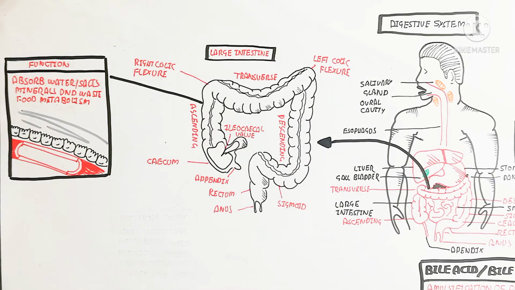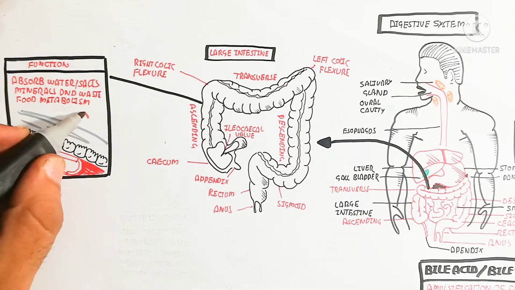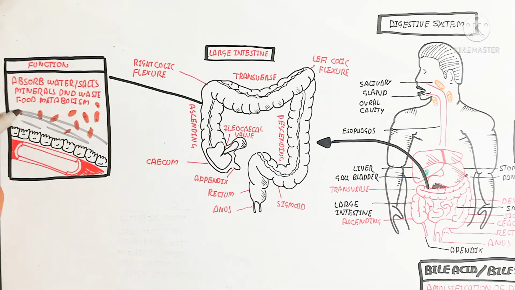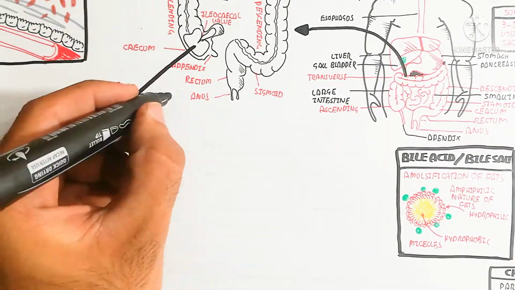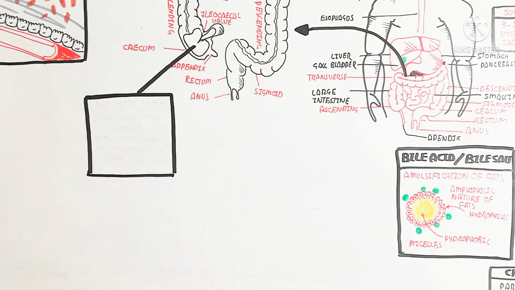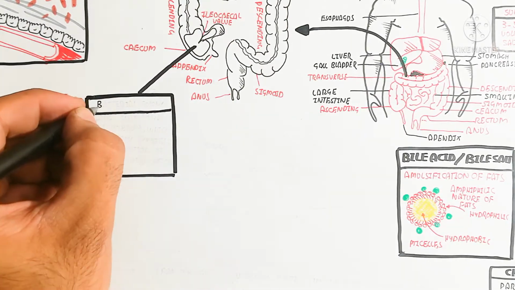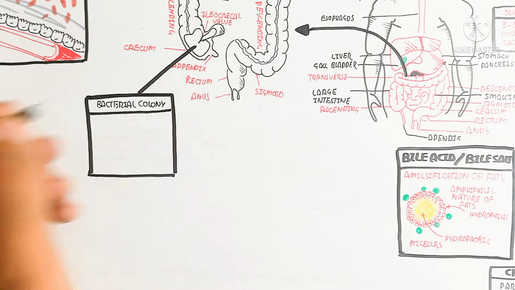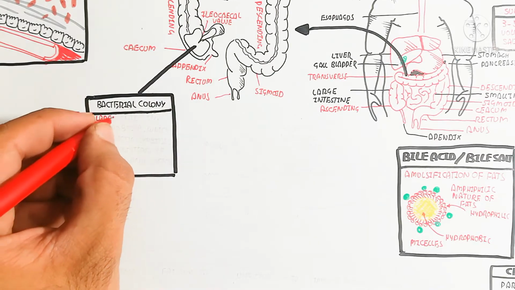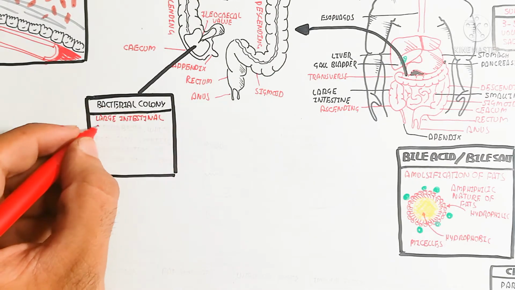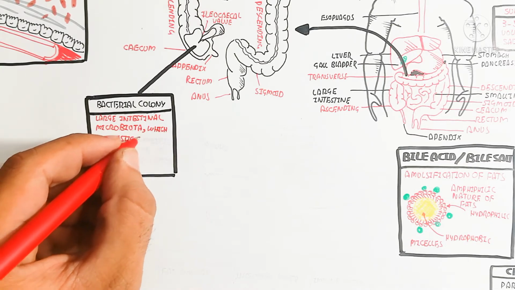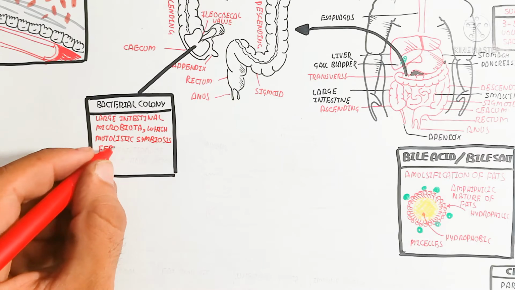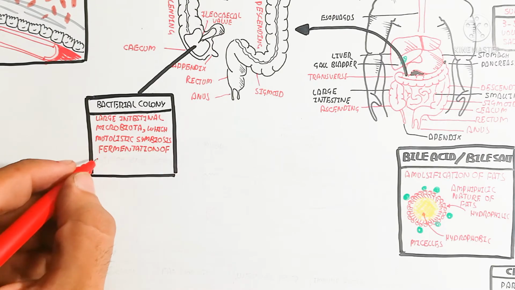The mucous membrane is thick compared to the small intestine because it contains a microbiome, which means bacteria. Bacteria are present in a mutualistic symbiosis, and this bacterial colony produces the large intestinal microbiota, which ferments starch and lactose into short chain fatty acids as well as sugar.